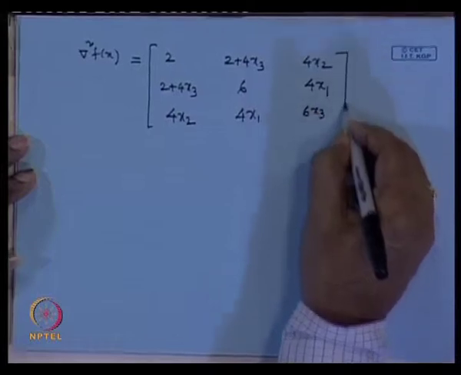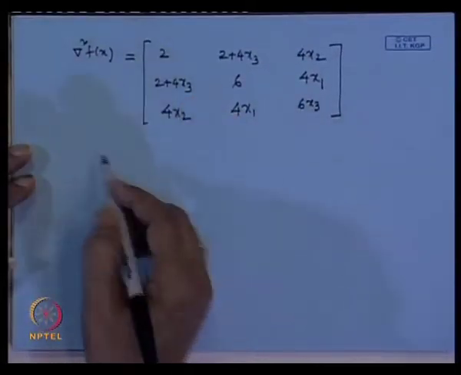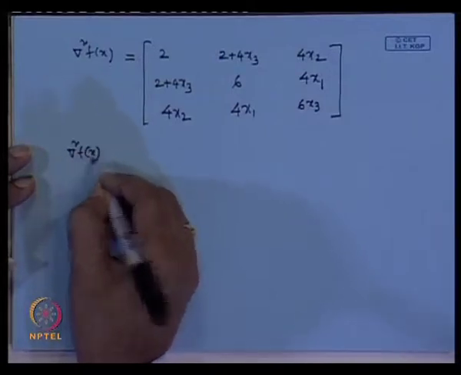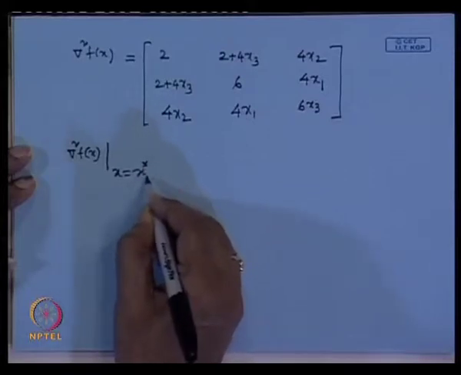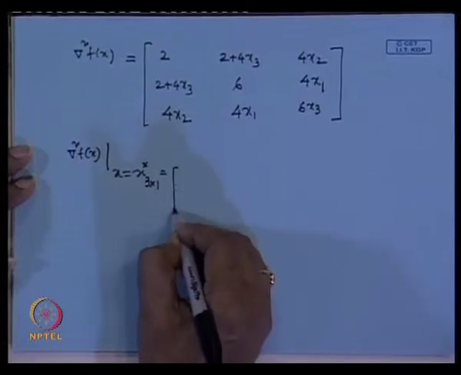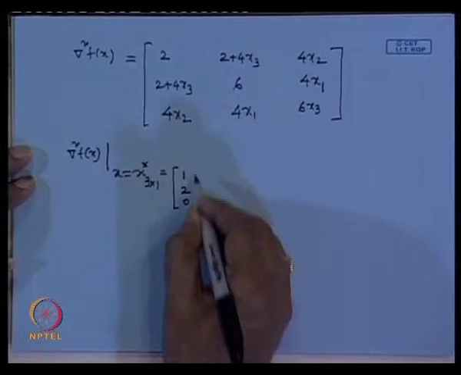So, now you have to find the Hessian matrix at a point. That means we have to find the Hessian matrix at the point x = x*, and that is a 3×1 vector with given values x1 is 1, x2 is 2, x3 is 0.